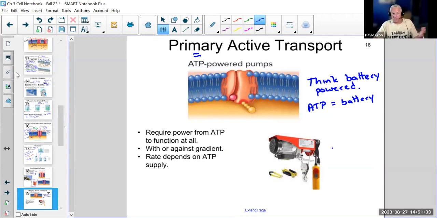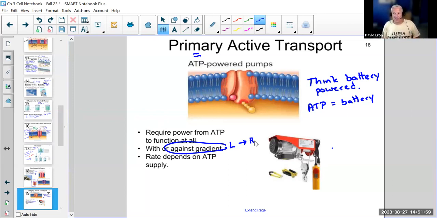Or you want to get things out of the cell when there's already more outside the cell. The only way to make things go against the gradient, meaning from low to high concentration, is you got to pay for it. Primary active transport is powering special pumps in the membrane with ATP.